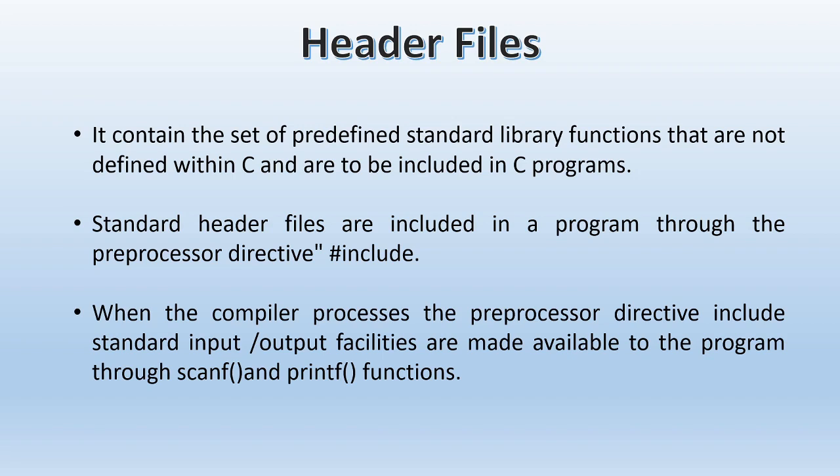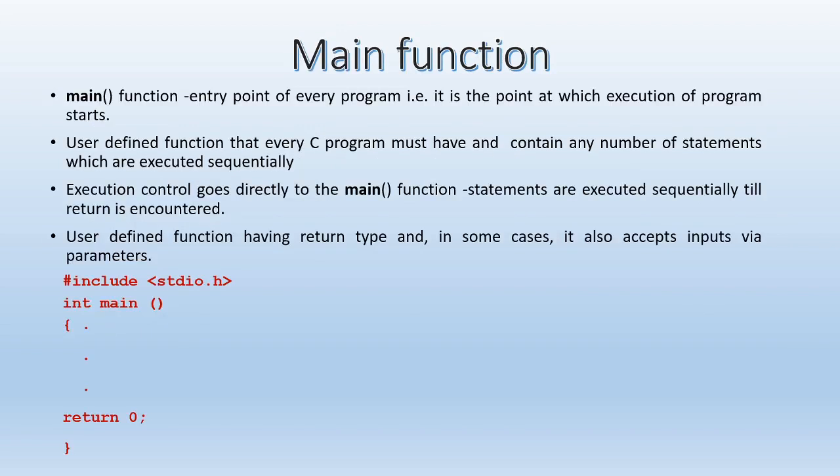When the compiler processes the preprocessor directive, it includes standard input-output facilities that are made available to the program through the scanf and printf functions. So when you are actually availing input and output facility, you need to include the standard library in your program.